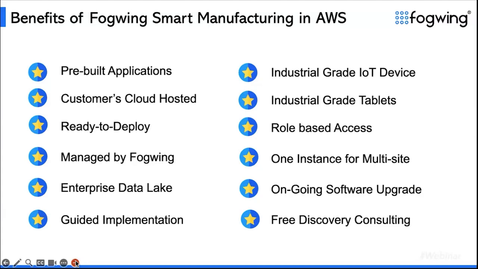So it may be a good fit to use the raw AWS services to build a solution from scratch from a visibility standpoint. But when we use the Fogwing Smart Manufacturing solution, it comes with pre-built apps and the devices. So with the same solution, we can deploy it, but with the scale that we can enhance it further, and then rapidly we can adapt it.